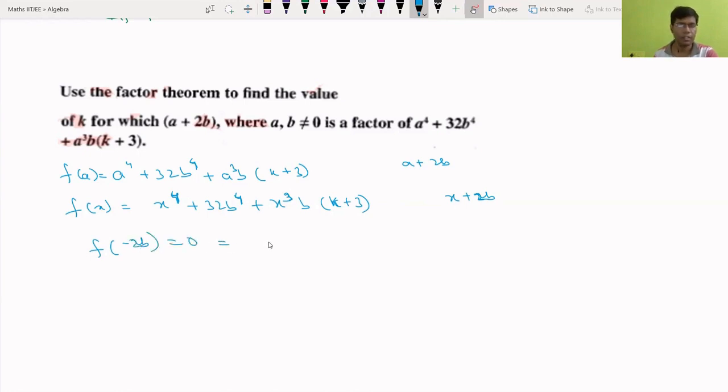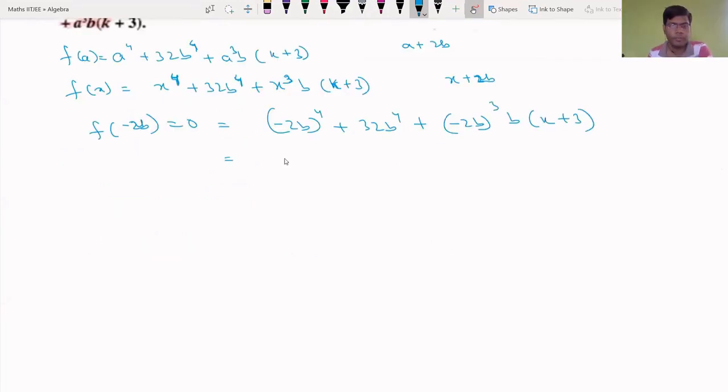So that is minus 2b whole power 4 plus 32b power 4 plus minus 2b whole cube times b times k plus 3. This will be 16b power 4 plus 32b power 4, and minus 2 to the power of 3 is minus 8, so minus 8b cube and b, so this will be b power 4 times k plus 3, is equal to 0.